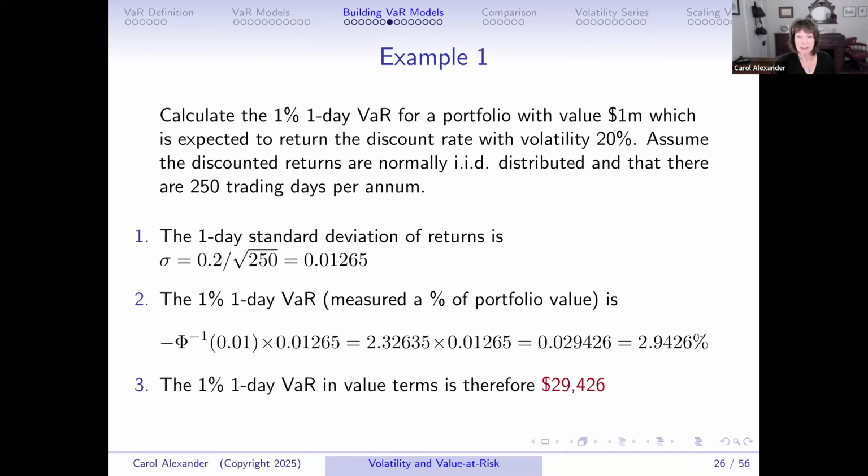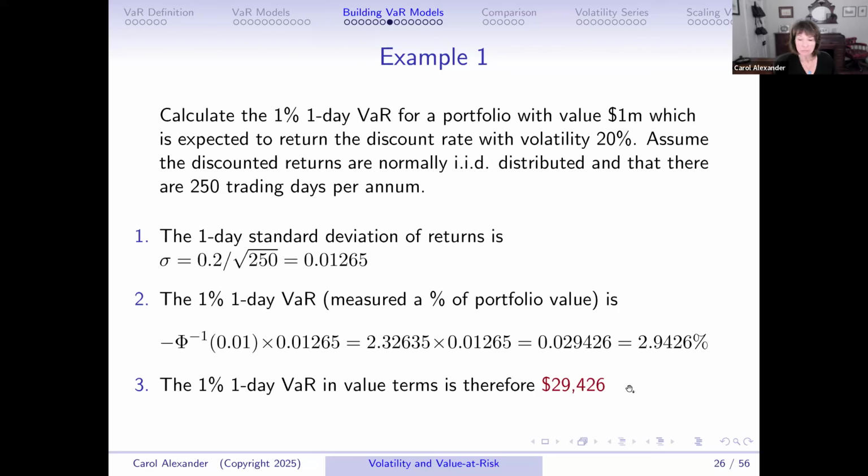Multiplying that by 1 million, notice it's useful to keep a lot of decimal places in this calculation. I had 5 decimal places for the critical value, and I carried 6 decimal places here so that we get dollar accuracy for the 1-day VaR.